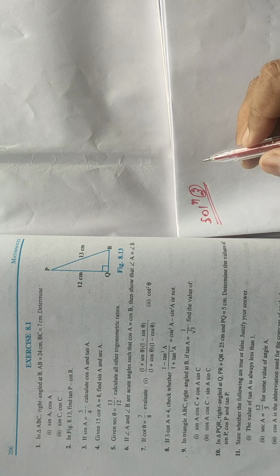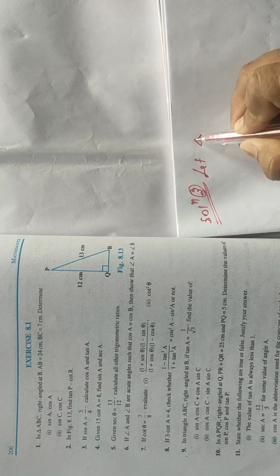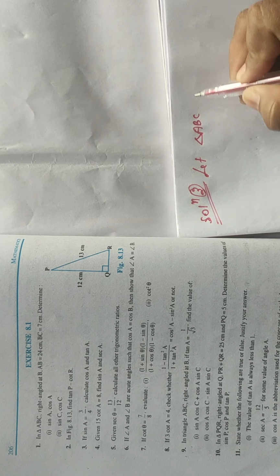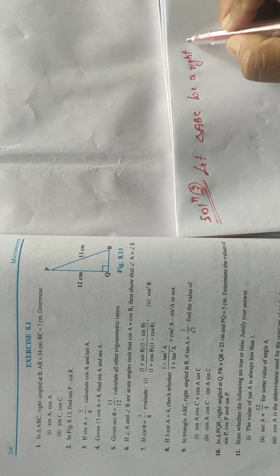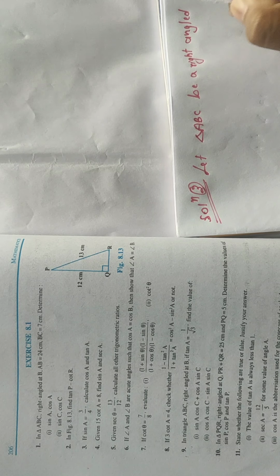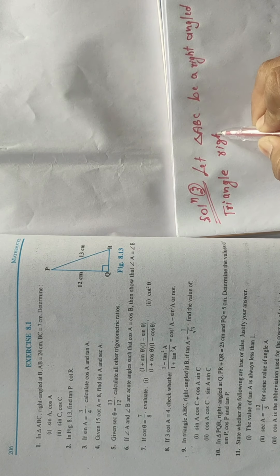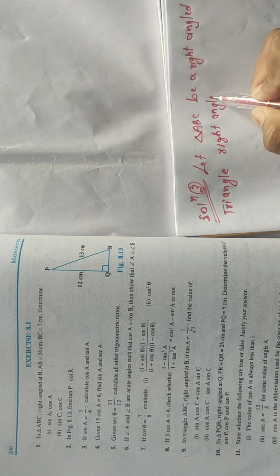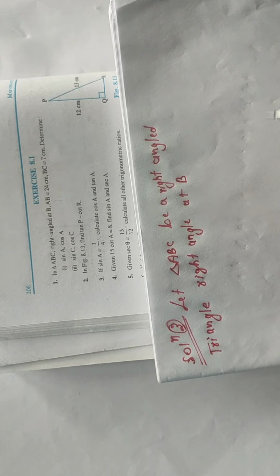So first we have to consider a right angle triangle, right? Let triangle ABC be a right angle triangle, right angle at B. Suppose this is a right angle triangle, right?